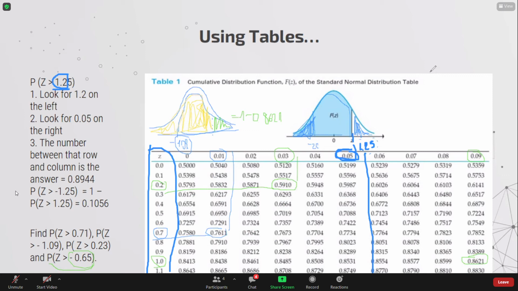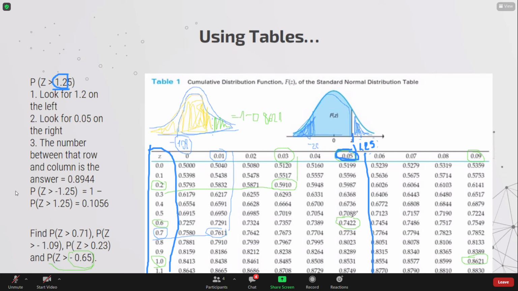Yes, exactly. Firstly, we have to have a look at 0.6, then 0.5, and the number here is 0.7422.